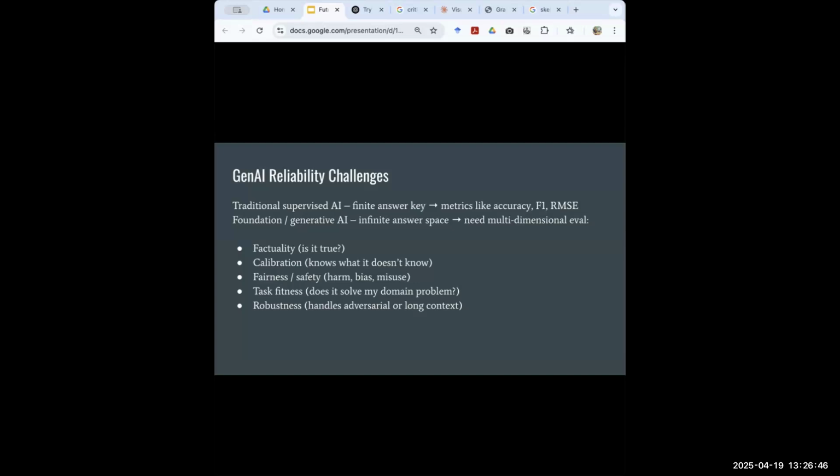Let's just say we have 100 animals: we know 50 of them are cats, 50 of them are rats. We train the model to say how many of them are cats, and if it says 35, we need to see two things: how many rats were classified as cats, and how many cats were actually classified as cats. That's the accuracy we're talking about. So this is a finite problem space.